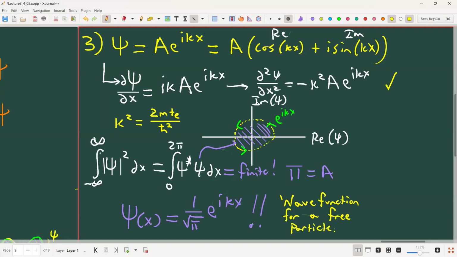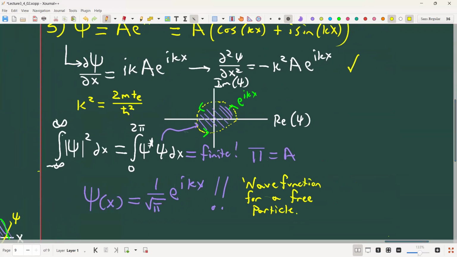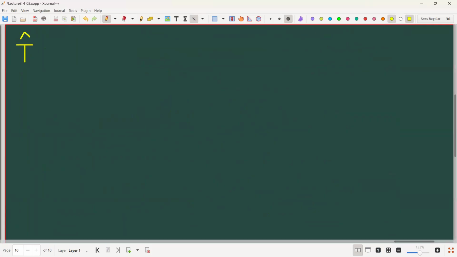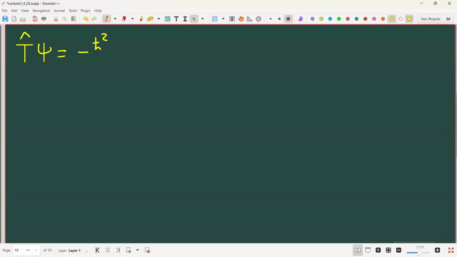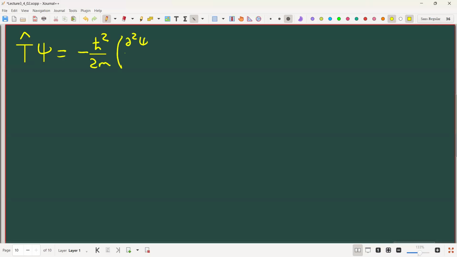Let's look at some properties of this particle. Well, first let's measure the kinetic energy. That's going to be minus h bar squared over 2m times the second derivative of psi with respect to x.